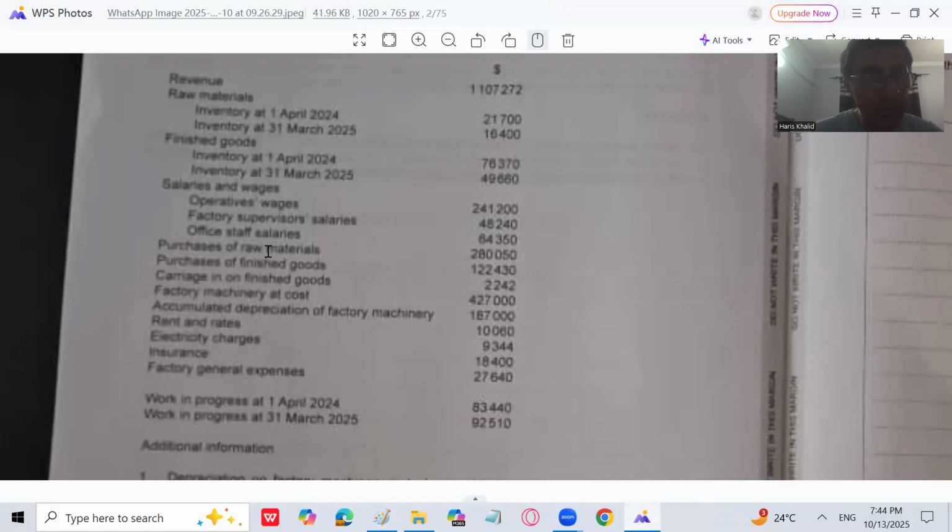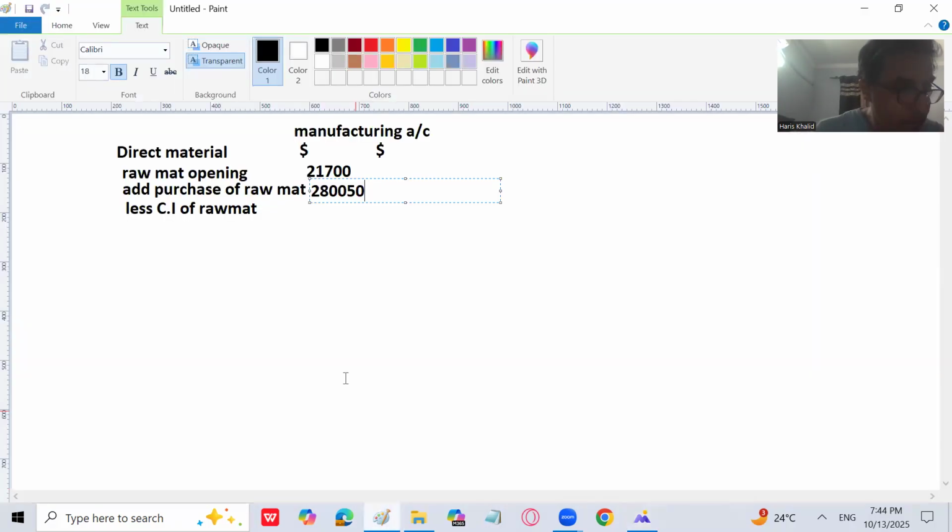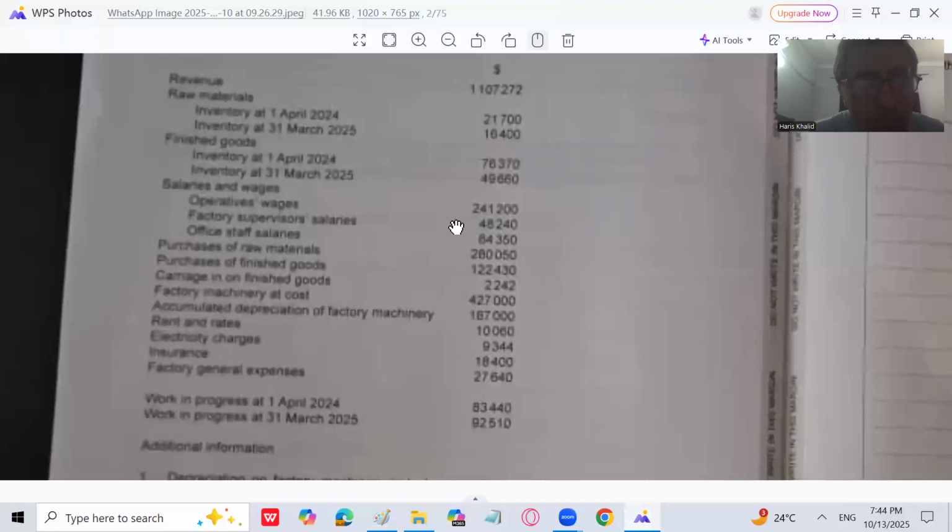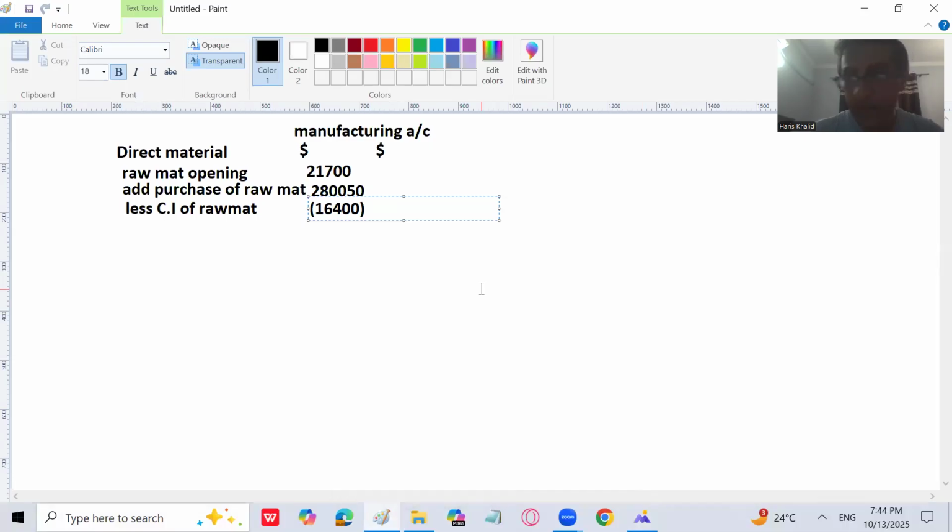No, there is nothing given. So we are going for raw material closing. Here it is given as 16,400. So let me write it here in brackets, 16,400. Let me see, either it is 16,400 or 16,440. 400, that's fine.